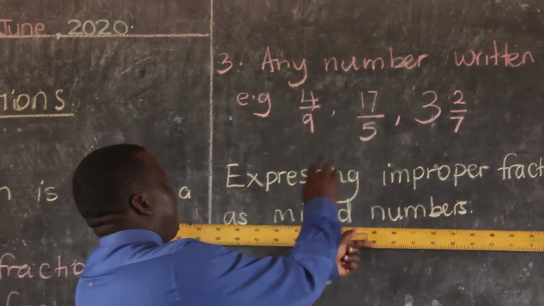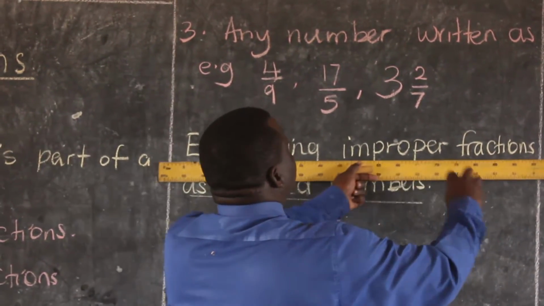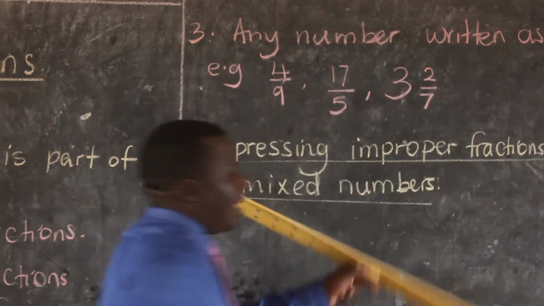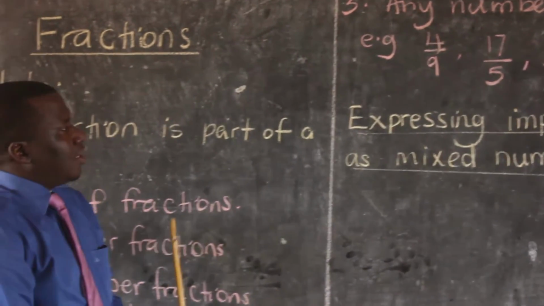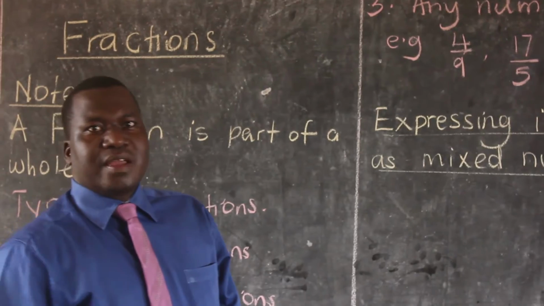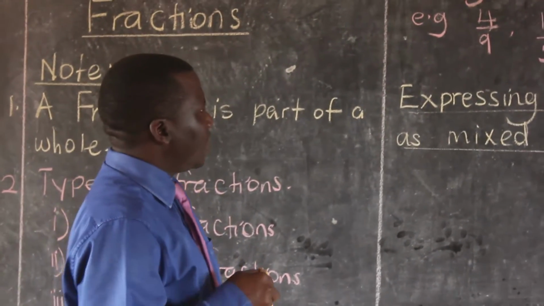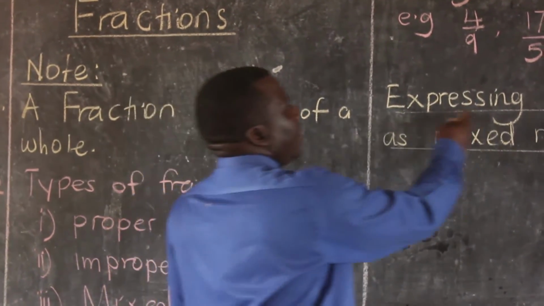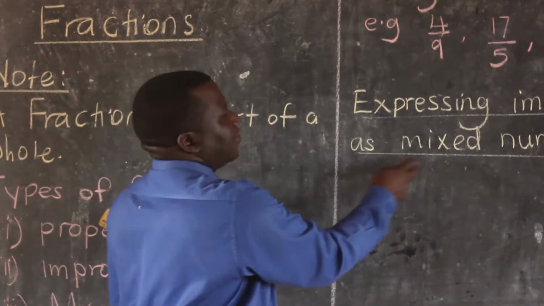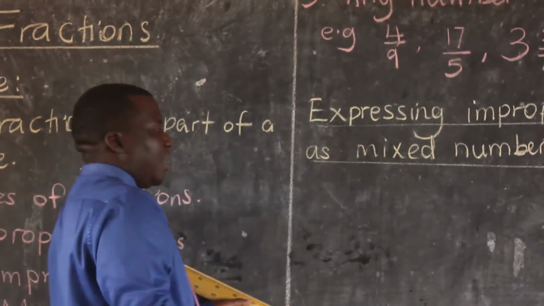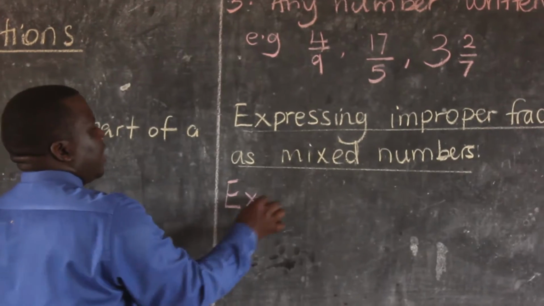Okay? Now, you did this in P4, P5, and even P6. So we're going to express improper fractions as mixed numbers. And we shall dive straight into examples.